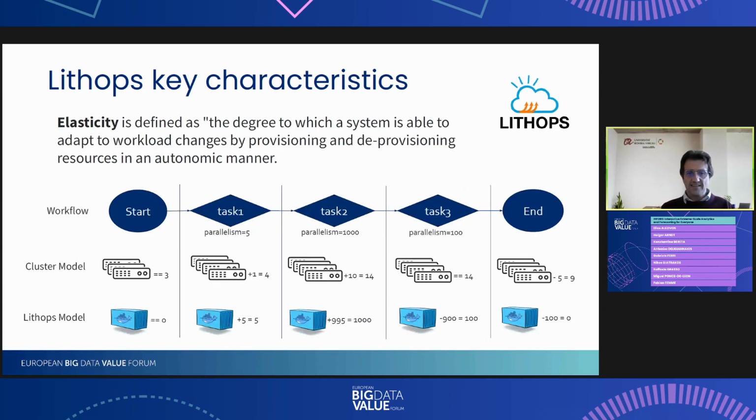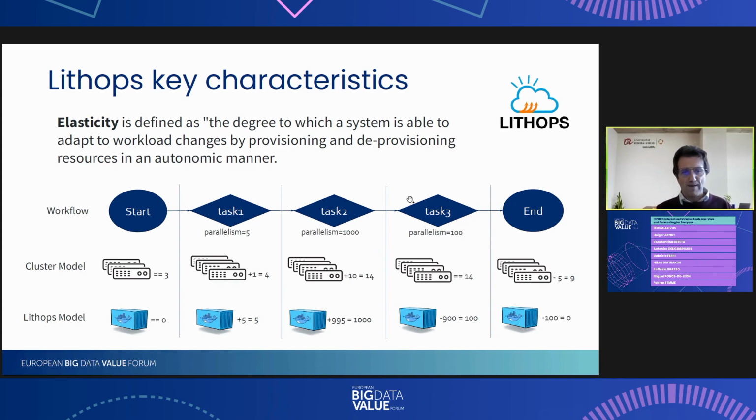And the nice thing is elasticity. In many cases, and Gil will explain that, your pipeline has tasks of different parallelism, so we have an elastic workload: here I need 5, then I crunch this data, and then I need huge parallelism, like 1,000 cores. I do it. In the next stage, I need 100.